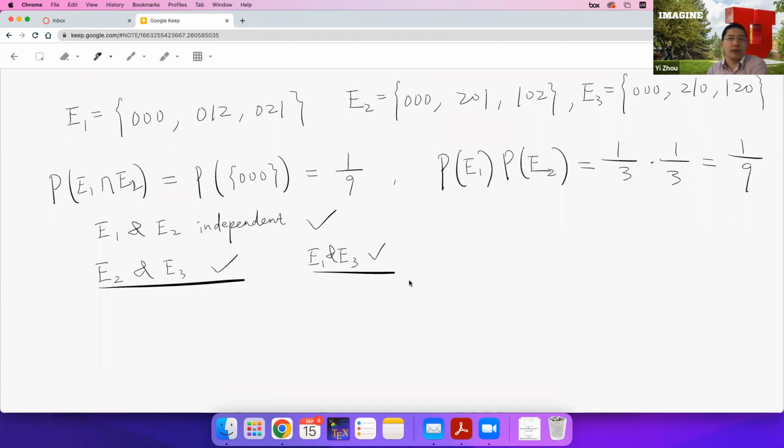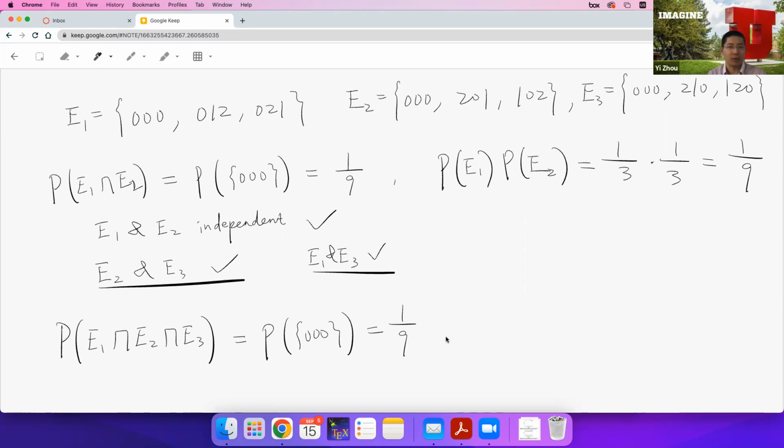But this is not sufficient to verify the independence among the 3 events. We still need to verify the smallest joint event, the intersection of the 3 events. Taking the intersection of the 3 events, the only common term is this one, which again has probability 1/9.